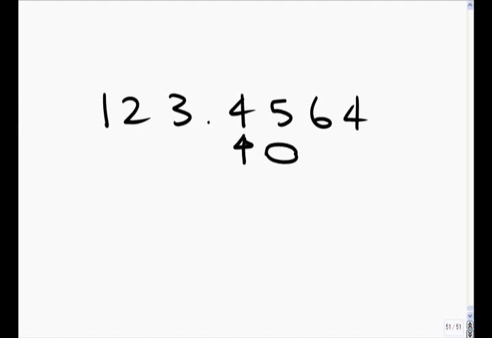The digit to the right is a 5. That means the approximate value is 123.5 because we add 1 to the 4. The digit to the right being a 5, 6, 7, 8, or 9 indicates that we add 1 to the 4.